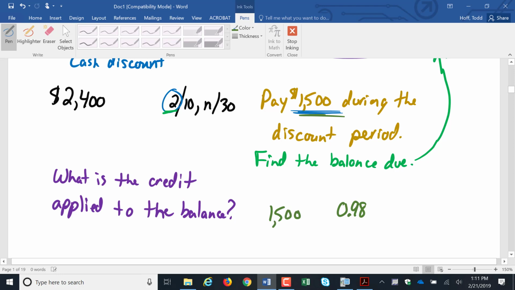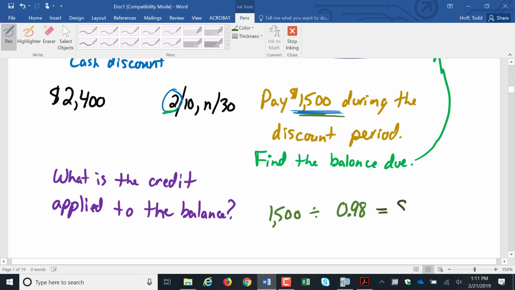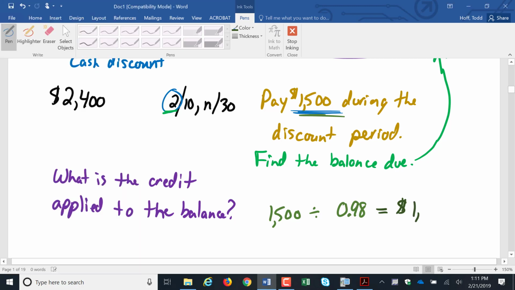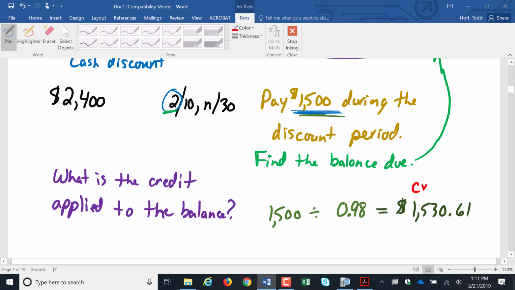So we're going to take 1,500 divided by 0.98. That gives $1,530.61. So $1,530.61 is the credit that is applied to that account.